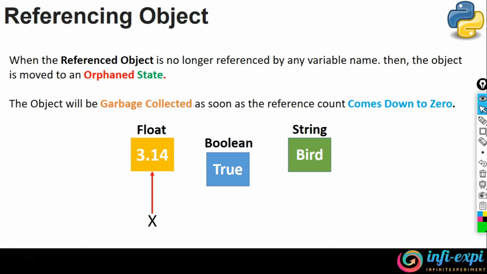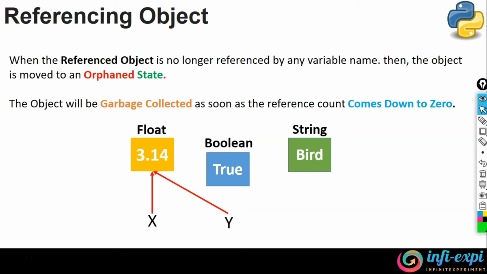So how many references are there for this object? One reference, that is x. Then I have a variable name called y, where y points to the same object as x. y is pointing to the float. So when y is pointing to the float and x is also pointing to the float, then the object is actually carrying two references.